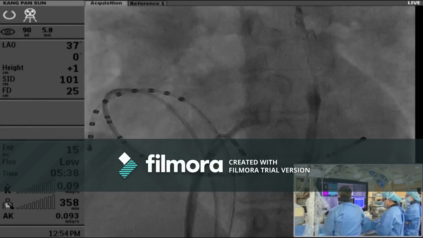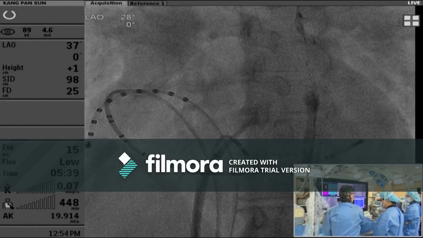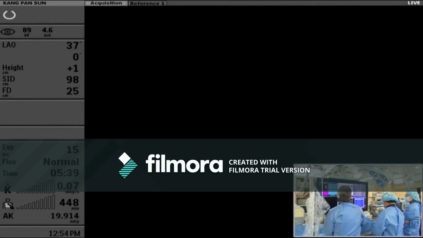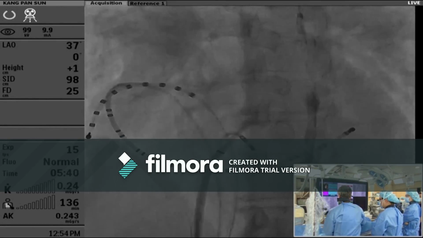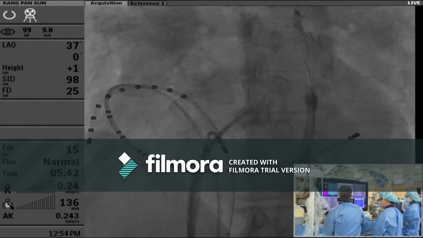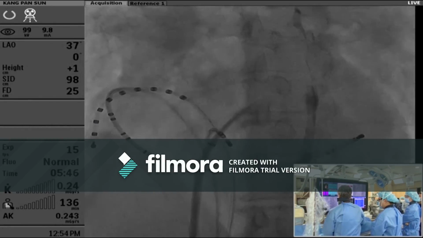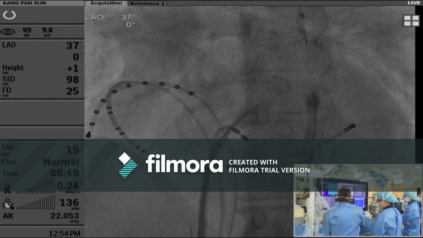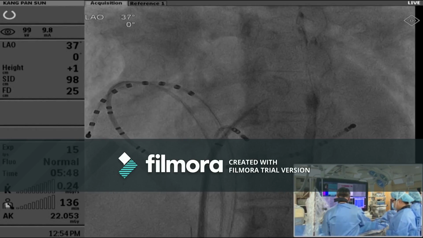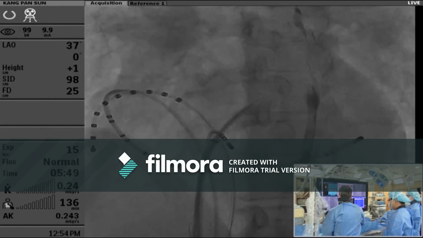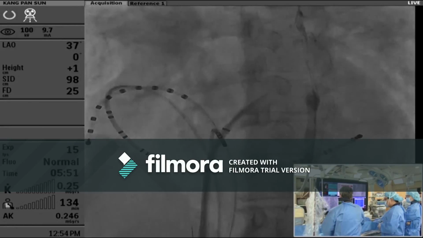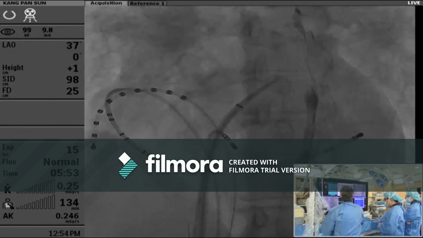And then you try the normal fluoroscopy. I already make sure of the blood regurgitation. This is the simple way to do the transseptal here.